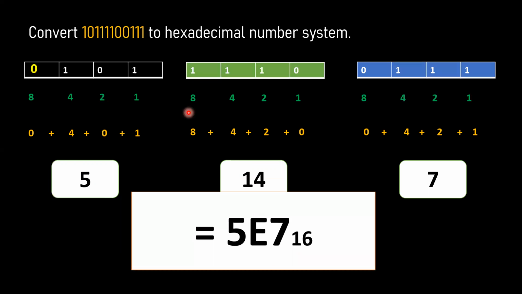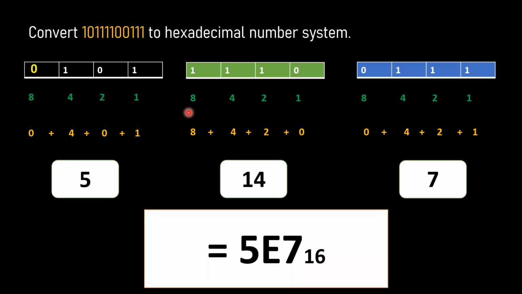So therefore, we can come up with this hexadecimal value of 5E7 base 16 from the given binary number 101, 111, 00, 111. All right, that's just how easy it is to convert binary to hexadecimal number system.